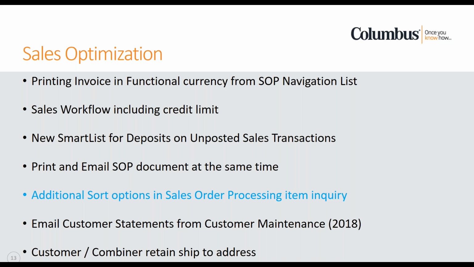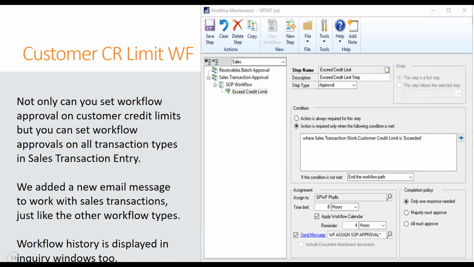All right, so let's take a look at what some of these look like. Here's the workflow maintenance window where we have credit limit access now. We could create in this example a workflow where the customer has exceeded their credit limit and we want to send this off to the sales manager or general manager or CFO or whatever it might be to take some action and be more proactive when a customer is over their limit.